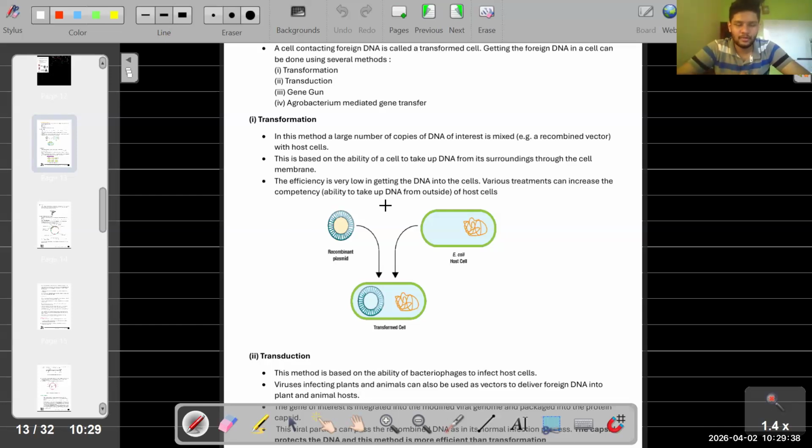No? Infection. Can you remember? Bacteriophages transfer the DNA into the host cell through their infection mechanism. Can you remember?